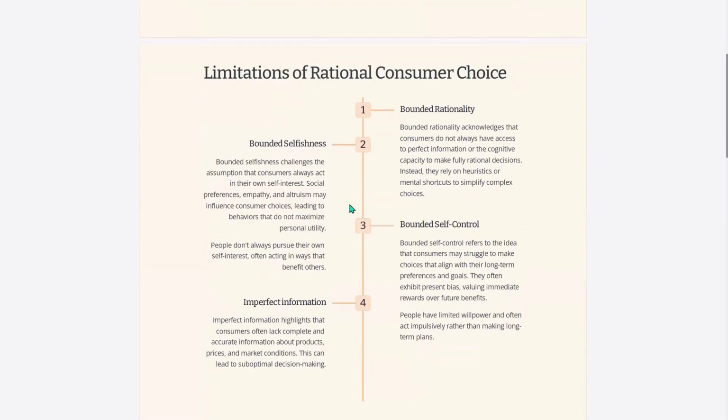Now the point is, when we are studying those factors, obviously we are trying to understand that we saw in the previous slide that consumers make choices and they are rational, but we know that this model has a limitation. The first limitation we actually read was bounded rationality. They are bounded by cognitive ability and heuristics.